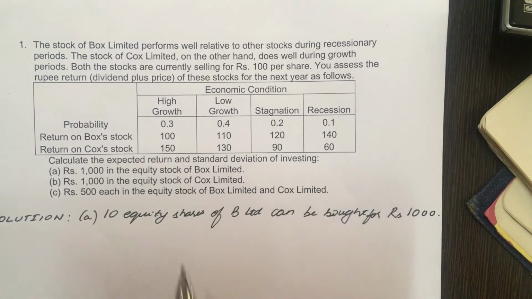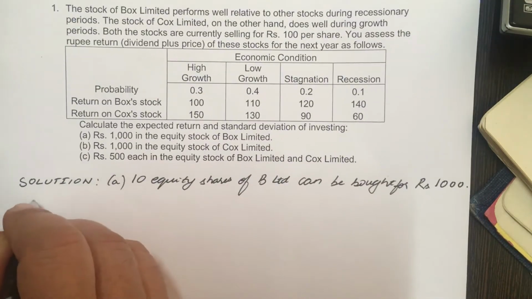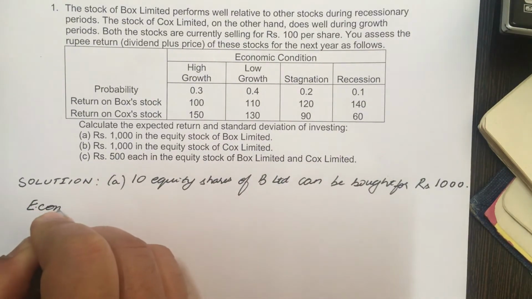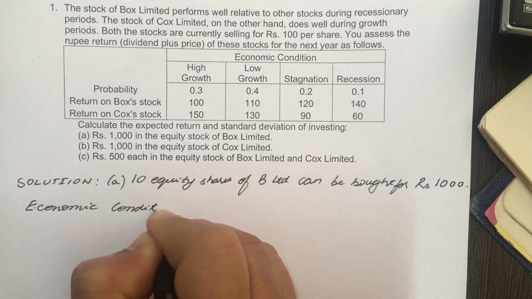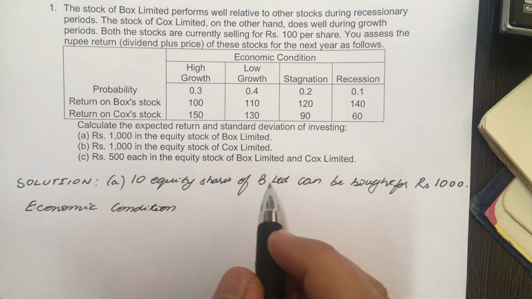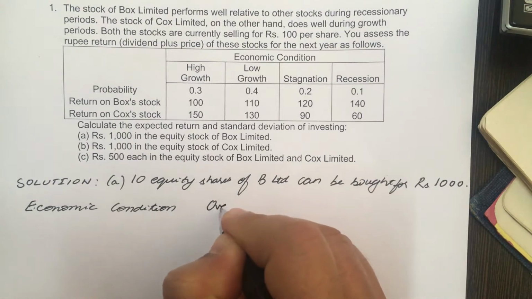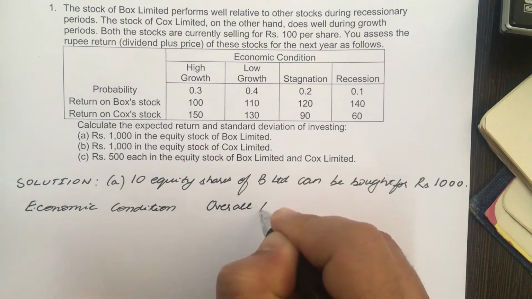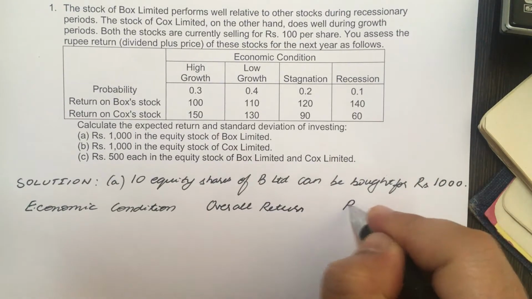Now, we're going to show the economic condition, the probability distribution, the overall return and probability.